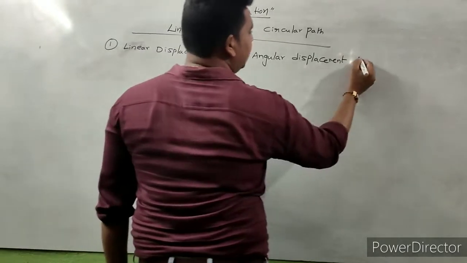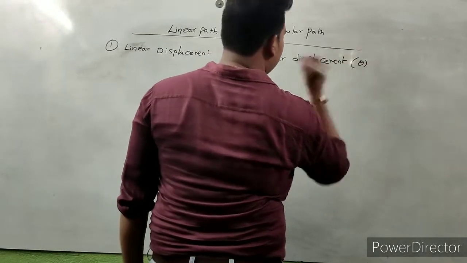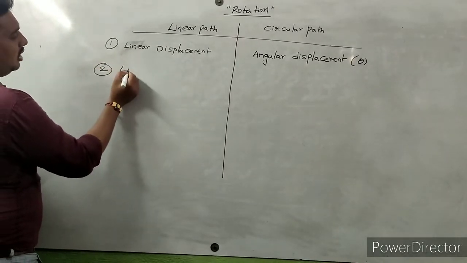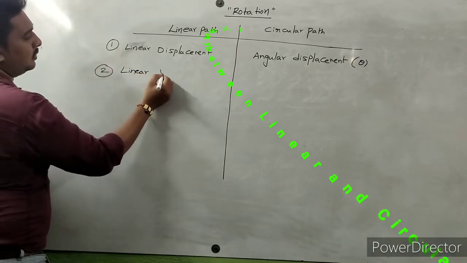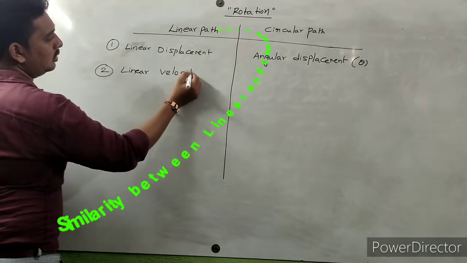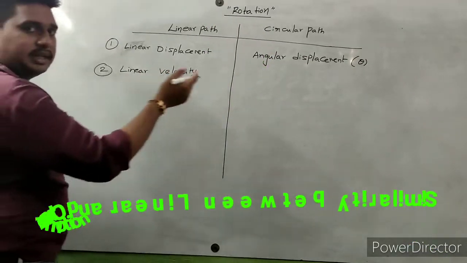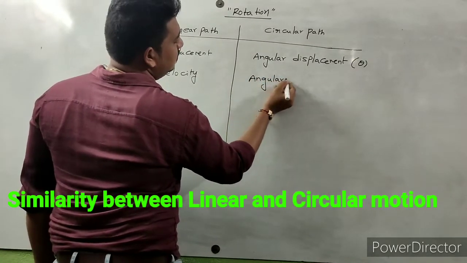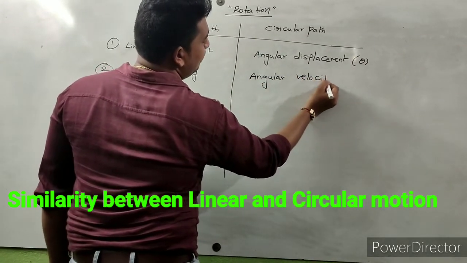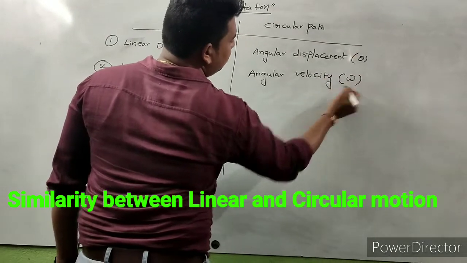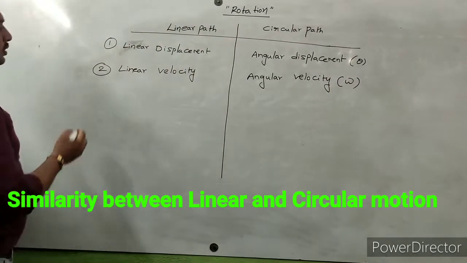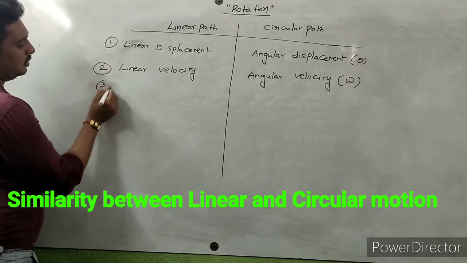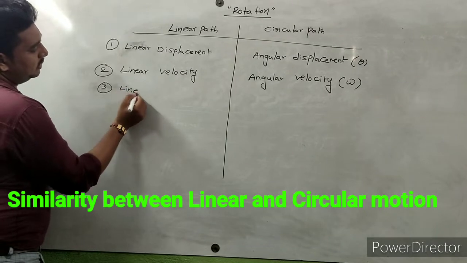This is indicated with theta. Next, linear velocity. Here it is angular velocity, indicated with omega. The third one, linear momentum.